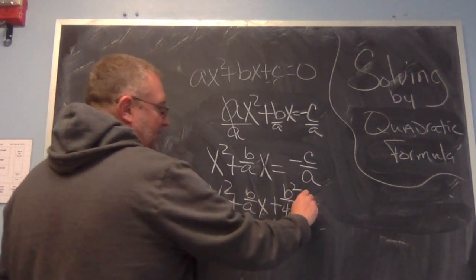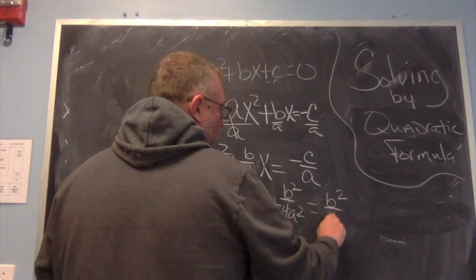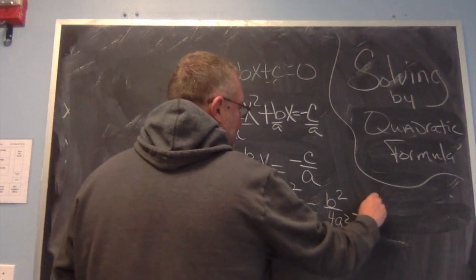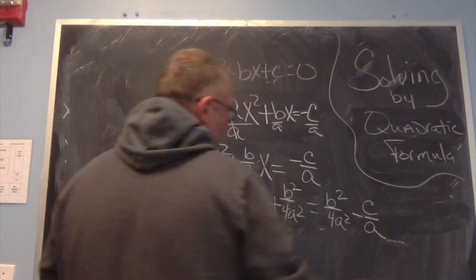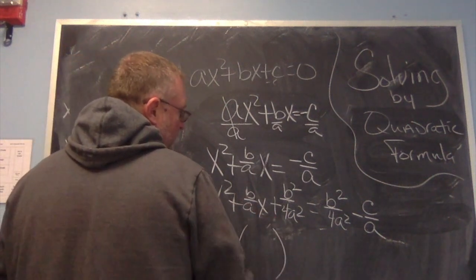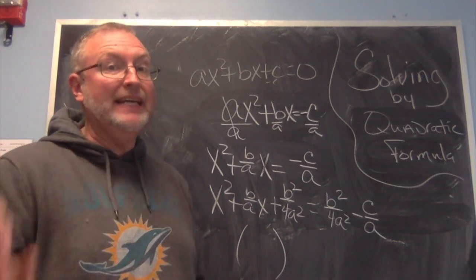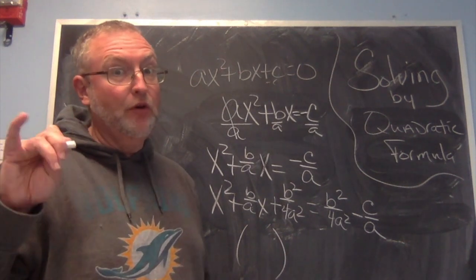But whatever I did here, I've got to do over here: b squared over 4a squared minus c over a. Then I find the perfect square. Now, you don't have to do this every time. I'm just showing you how we get the quadratic formula.